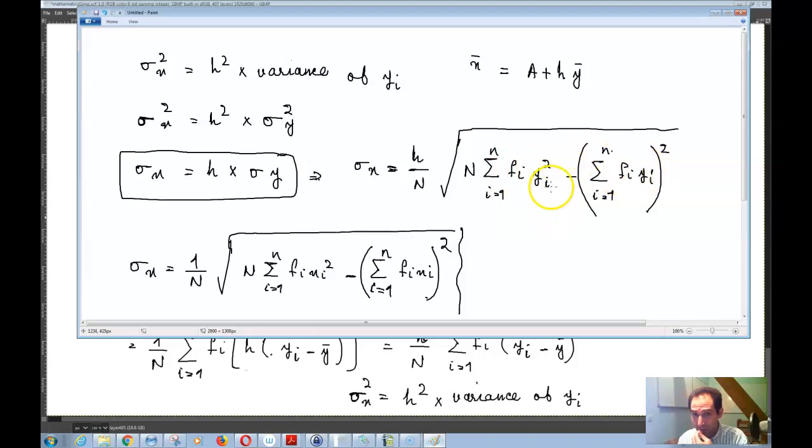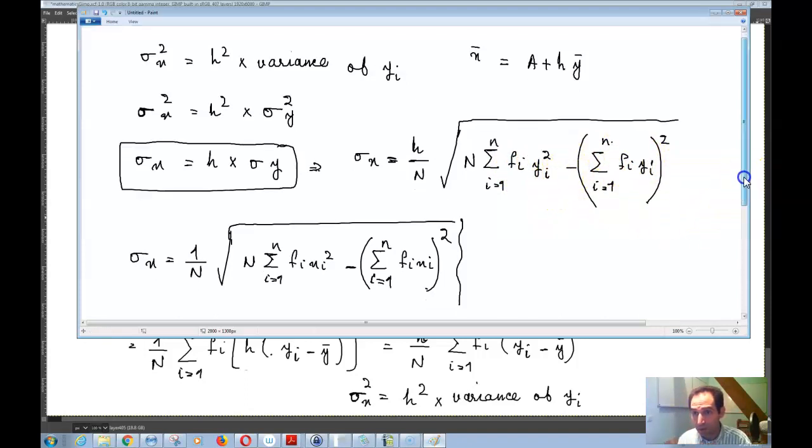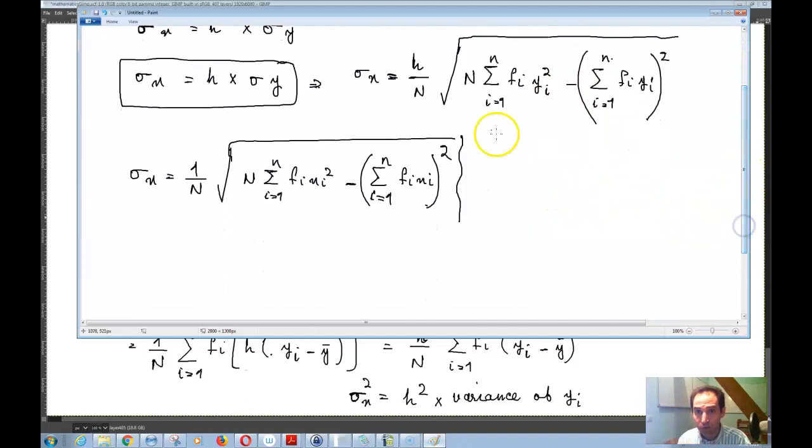And over here, the only thing you need to know is that we don't have a anymore, but y of i is the new variable based on x of i.